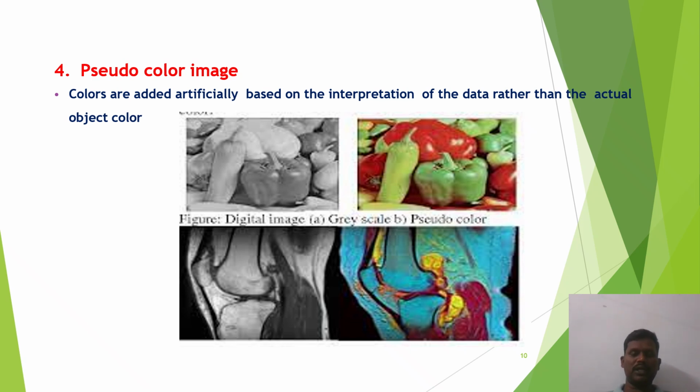When you color particular objects, fruits and vegetables, you can easily differentiate one from the other. The below figure is a knee picture of a person. Here you can differentiate different parts of the knee by adding colors. With that color, there is a significant difference from one portion to another portion.